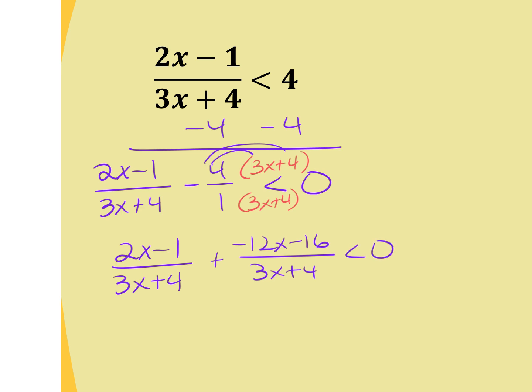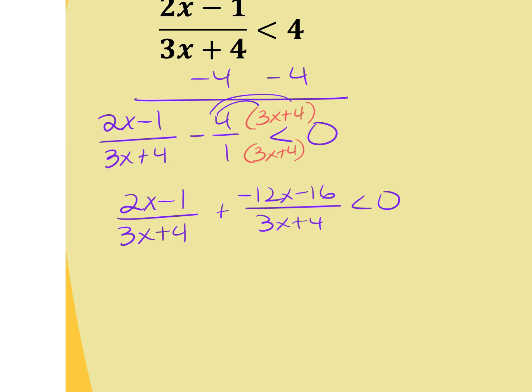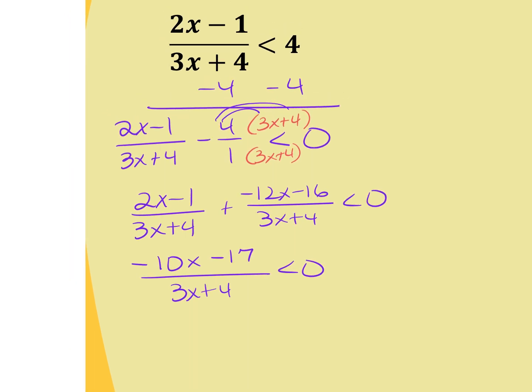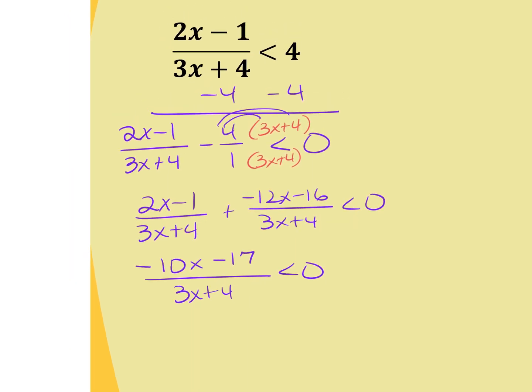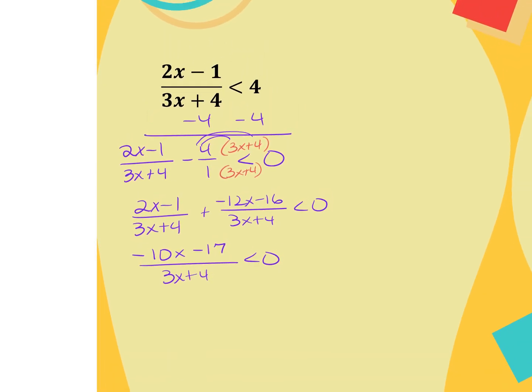I now need to combine my like terms here in the numerator. So I'm going to combine 2x and -12x, and that gives me -10x, and then -1 and -16 is -17. I now need to set my numerator equal to 0 and my denominator.